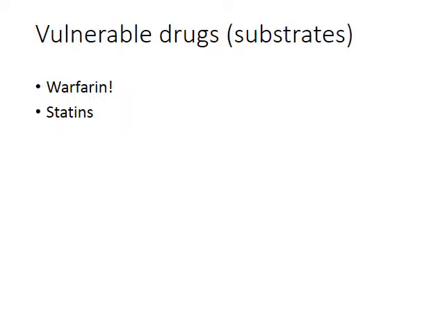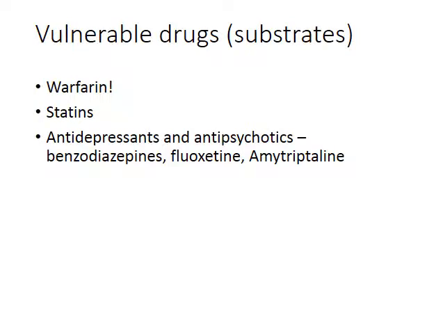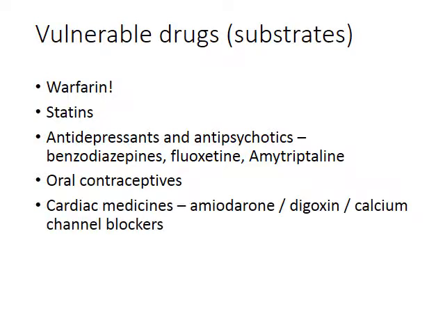Statins is another one that's digested by the liver and can easily be affected, as well as most of our antidepressants. So benzodiazepines, antipsychotics, fluoxetine, and amitriptyline, they're all broken down by the liver. Oral contraceptives, this is a big issue. You might have somebody on contraception, you start them on other treatment, and if you don't adjust their oral contraceptive dosing, they might very well fall pregnant on it. Very problematic.